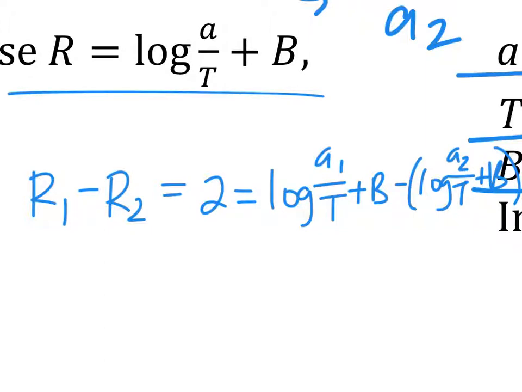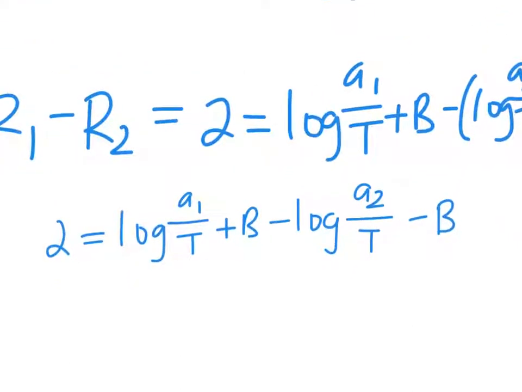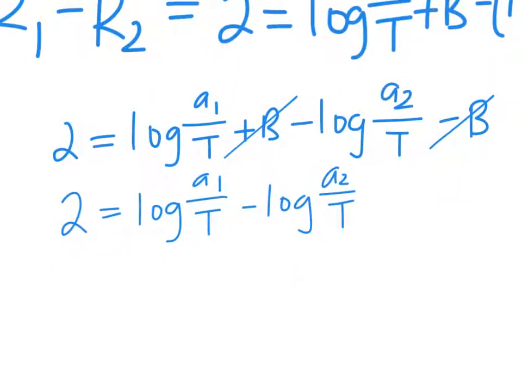Okay, now I am going to simplify this. Log of A1 over T plus B minus log of A2 over T minus B. I distributed a negative. So B is going to be gone. So now I have 2 equals log of A1 over T minus log of A2 over T. Okay, I need to figure out what A1 over A2 is.